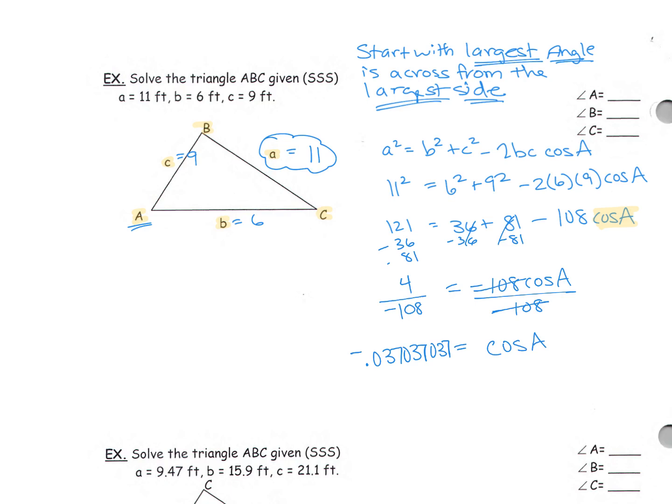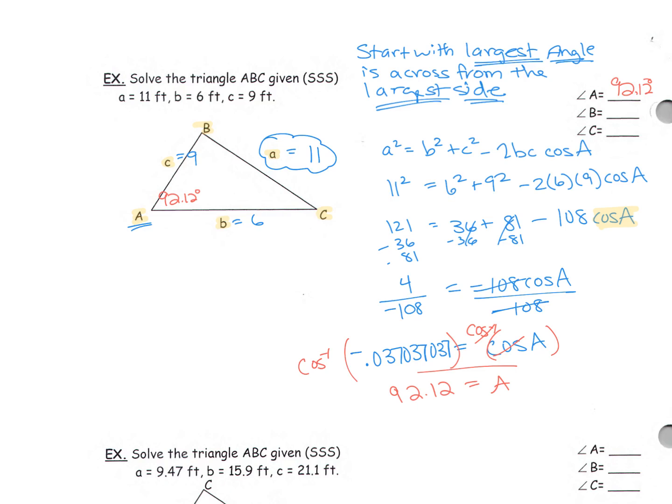So now we know if I want to cancel cosine I have to do cosine inverse. So I'm going to do cosine inverse to both sides. And when you do that, we get 92.12 degrees for A.